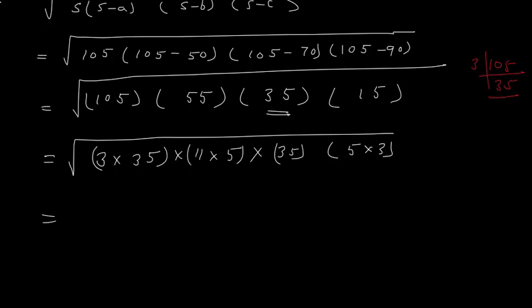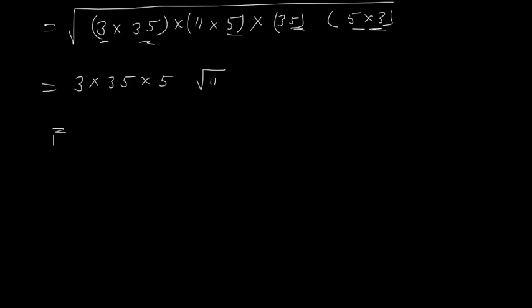Now you have one pair for 3, so you take that 3 out. You have one pair for 35, so you take 35 out. You have one pair for 5, so you take 5 out. What is remaining is 11. So this is 3 5s are 15, 15 5s are 75, and 15 3s are 45, 45 plus 7, 525 root 11 centimeter square. This is the area of triangle ABD.